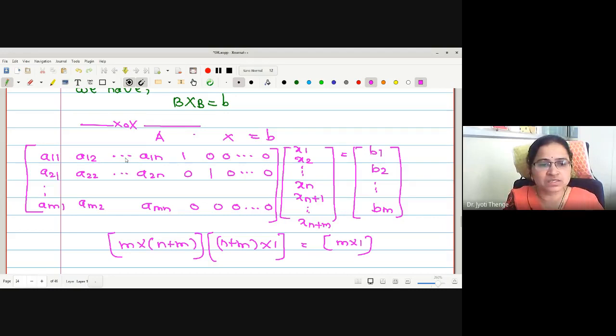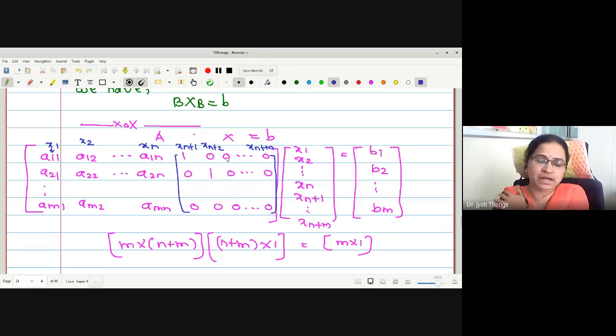Now among these variables, here I will write the variables. The first column corresponds to coefficients of x1, the second x2, up to xn, x(n+1), x(n+2) up to x(n+m). Out of these n plus m variables, suppose the first n variables we have kept 0 and we have selected these m variables.